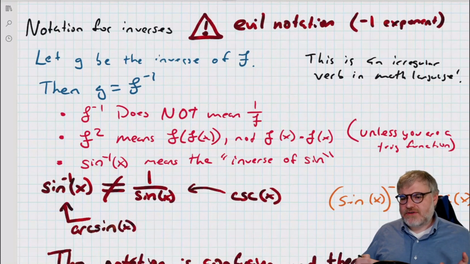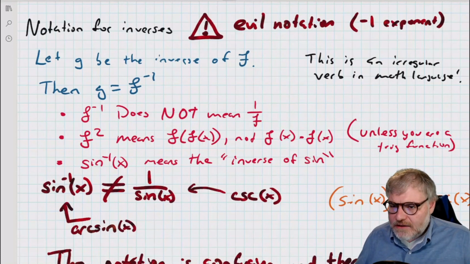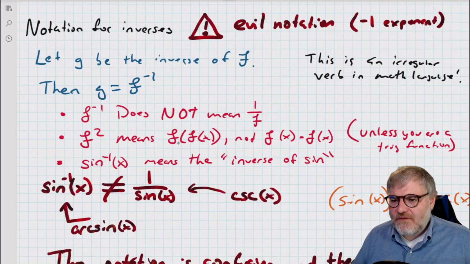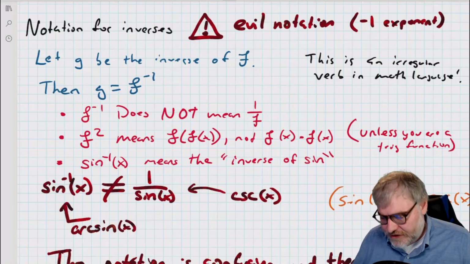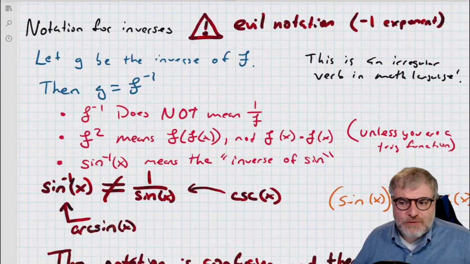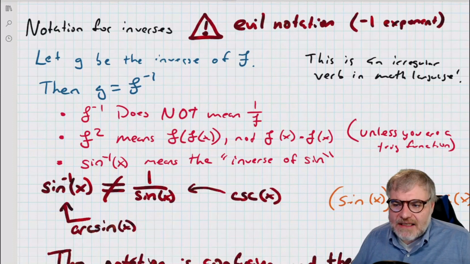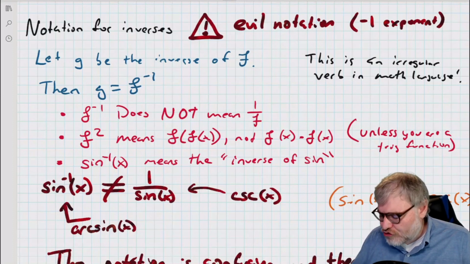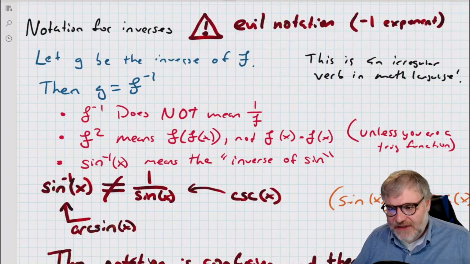It means the inverse. f squared should mean f of f of x, not f of x times f of x, unless you're a trig function. Okay, so I've seen some people do log squared a couple times, and I've been like, no, don't do that, right? And one of the problems with trig is that it has this nasty stuff in it.